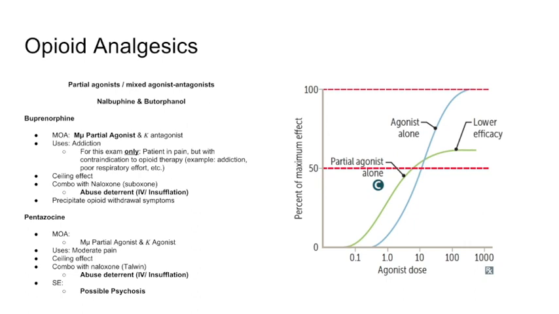When it's administered sublingually, it goes straight to the liver. When it goes straight to the liver, the naloxone component, which is very highly metabolized by the liver, gets destroyed and the buprenorphine works.